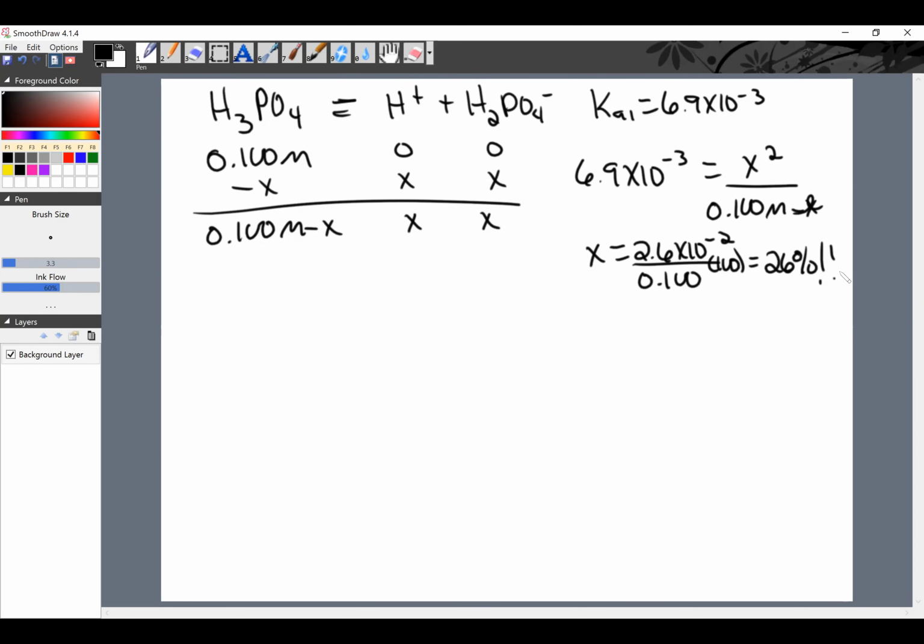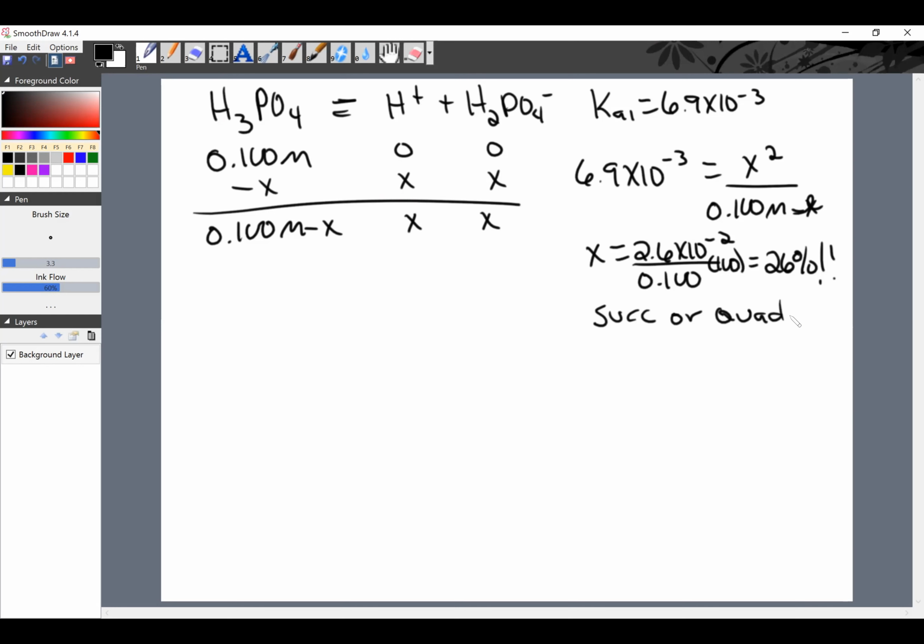So in this case, you have to do either the successive approximations or the quadratic. While this is a weak acid, so it's not one of the 6 strongies, it's still fairly powerful. If somebody wants to do the quadratic while I do the successive, feel free.